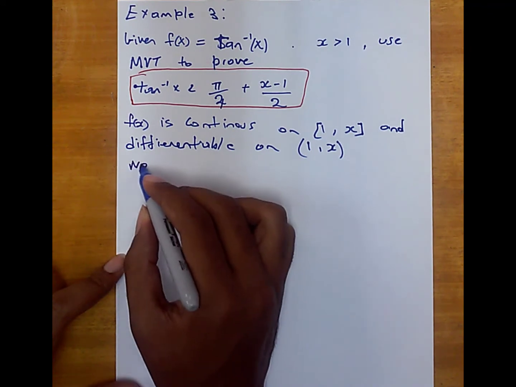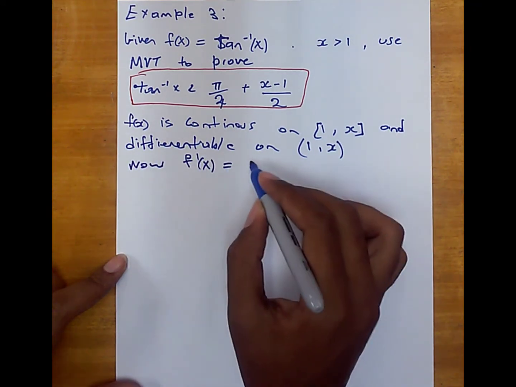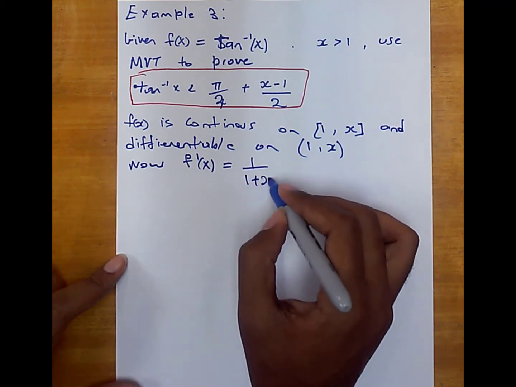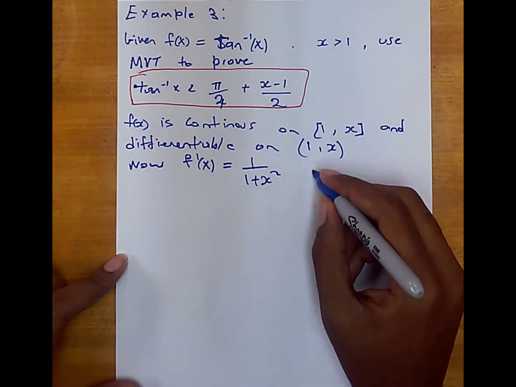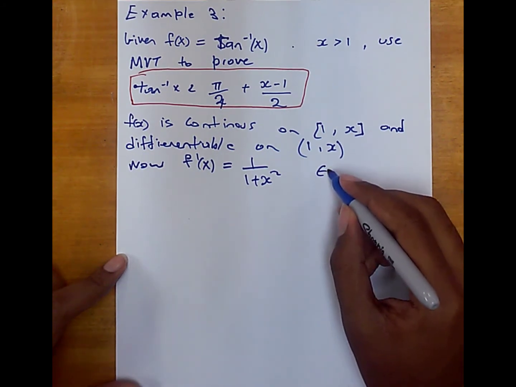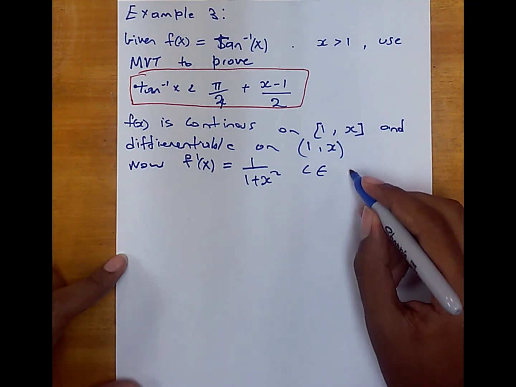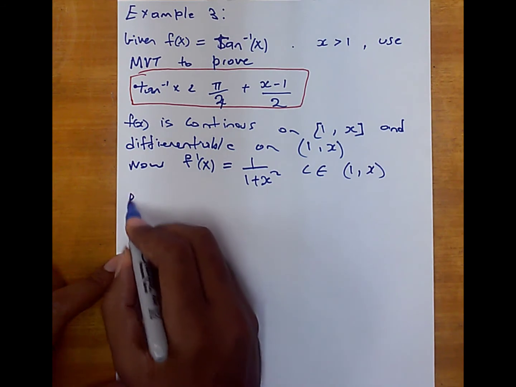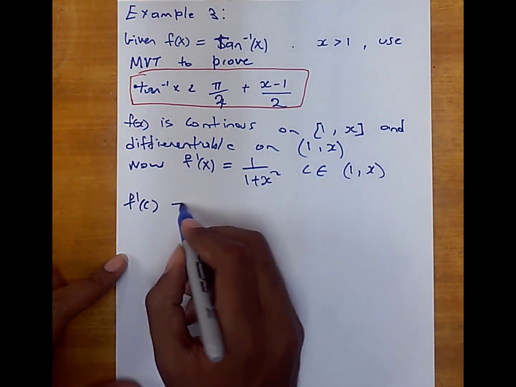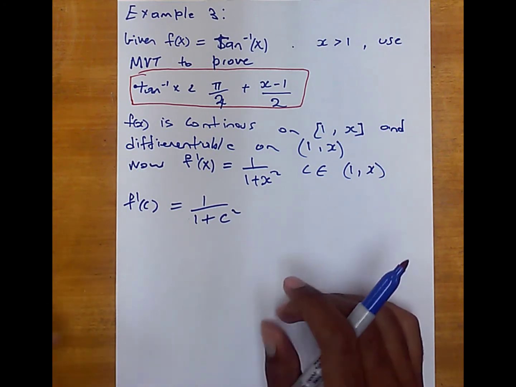Now f prime of x is equal to 1 over 1 plus x squared, implying for c in the interval (1, x), we have f prime of c is equal to 1 over 1 plus c squared.